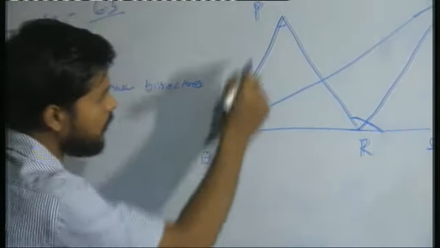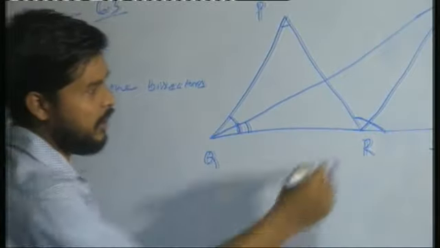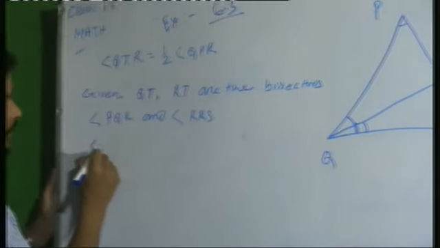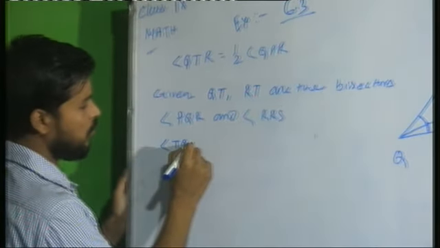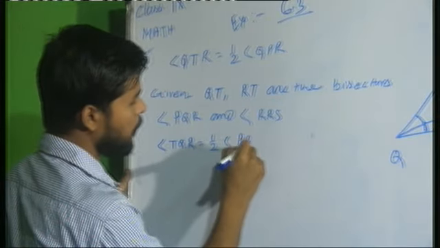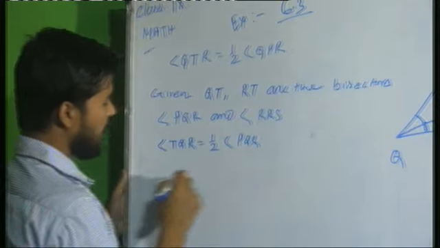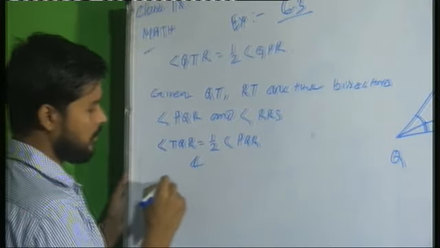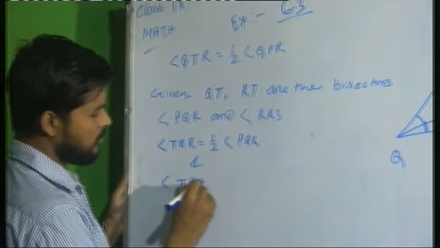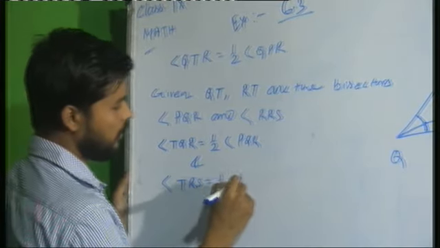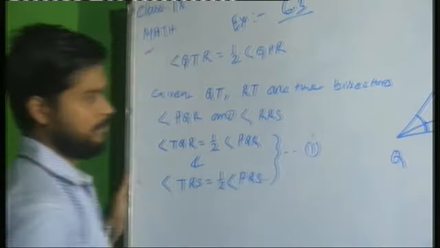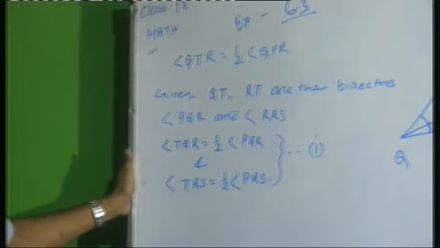So angle TQR is equal to half of angle PQR, and angle TRS is equal to half of angle PRS. Okay, let us make a numbering. This is equation number 1.